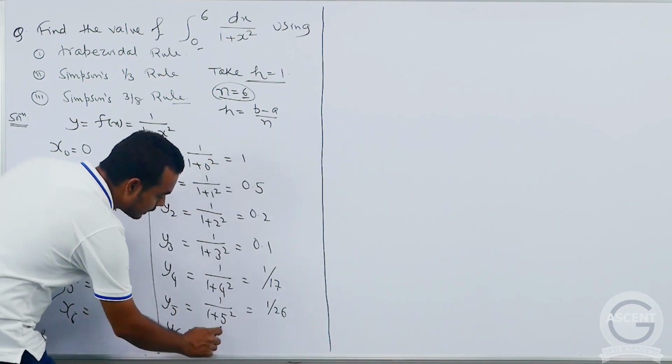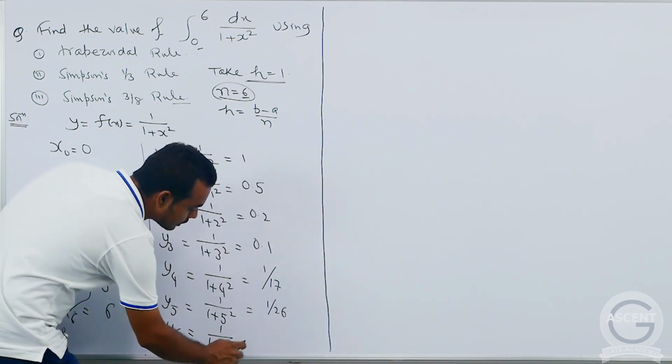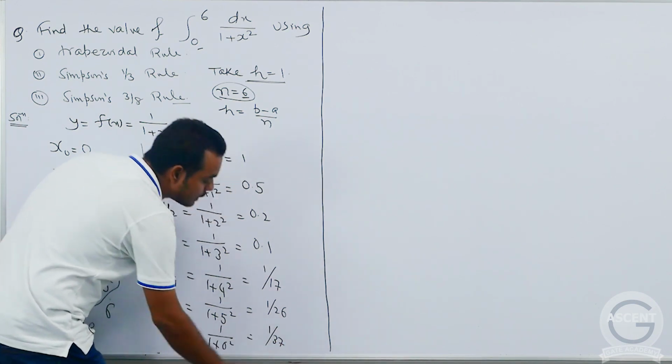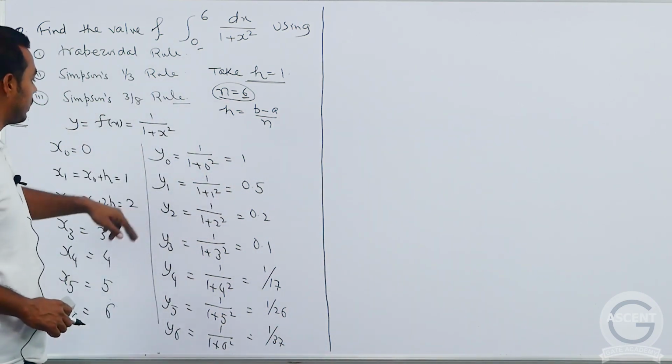And finally y6, this will be 1 by 1 plus 6 square, so 1 by 37. So these are the different values of y.